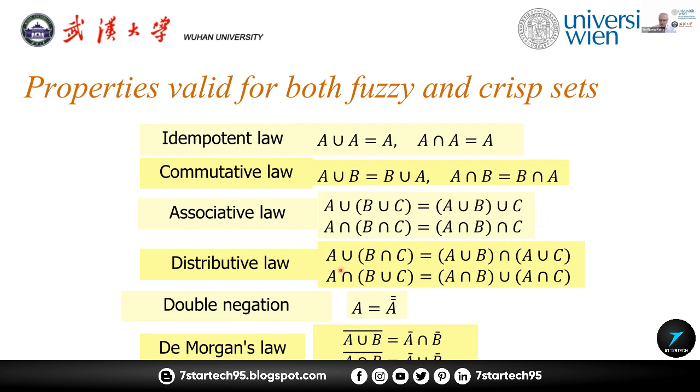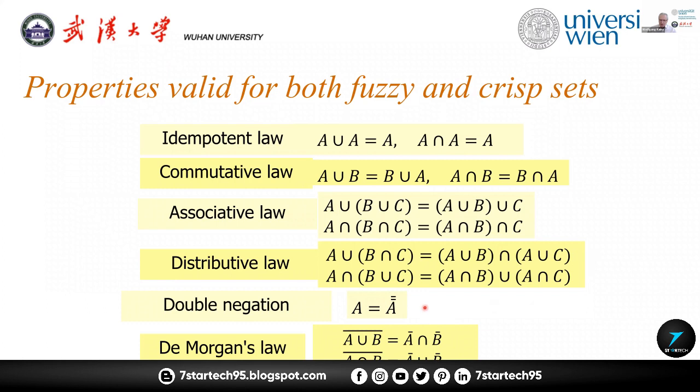Also the distributive laws, where you basically distribute one operator into the brackets where you use another operator. So A union (B intersection C) is the same as (A union B) intersected with (A union C), and the same holds for the intersection. So this so-called distributive law is also valid for classical sets and for fuzzy sets.